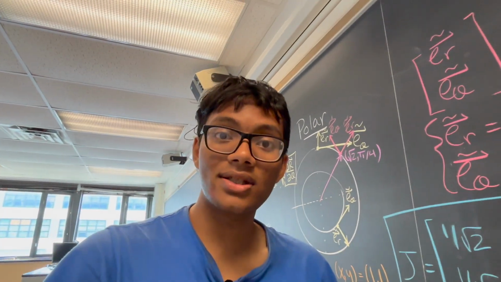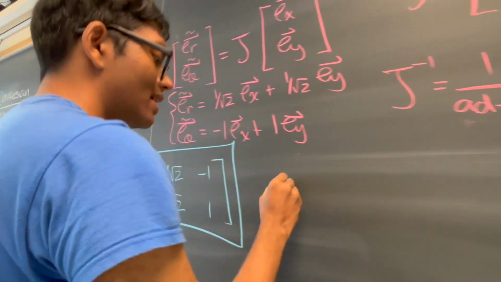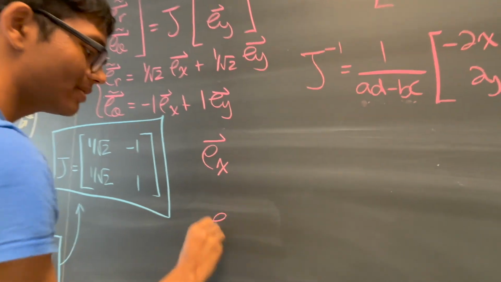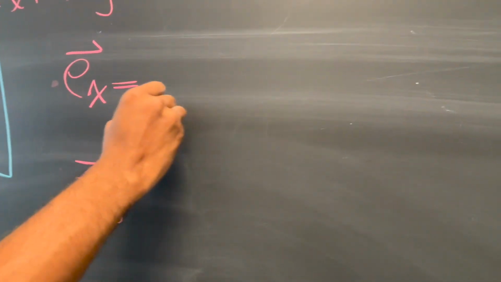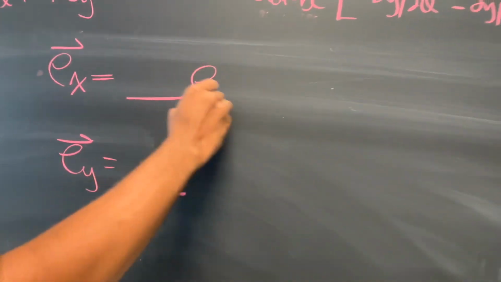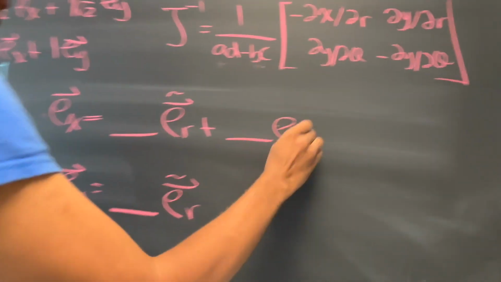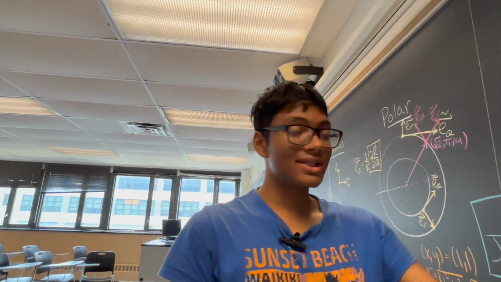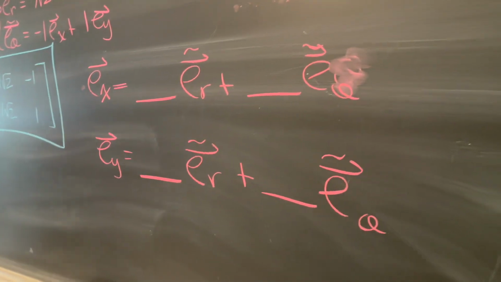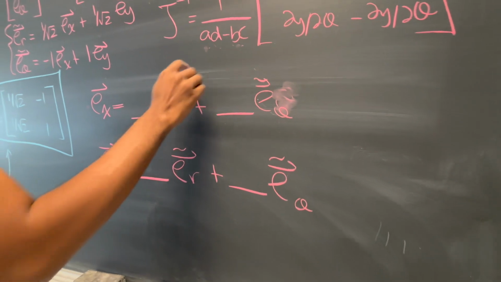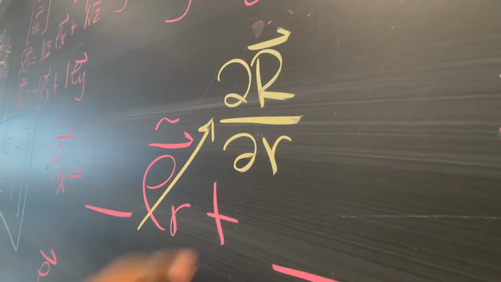Can we think of a better way? Aha! We can just use partial derivatives as the basis vectors. So here's what I mean. Now we want to express e sub x and e sub y, our Cartesian coordinate basis vectors, as a linear combination of e sub r and e sub theta. Well, simple, you say. All we have to do is rewrite e sub r as the partial derivative of the position vector r with respect to r.